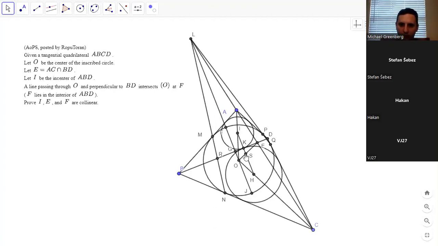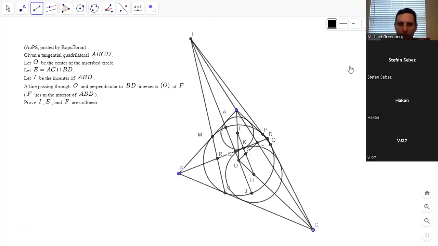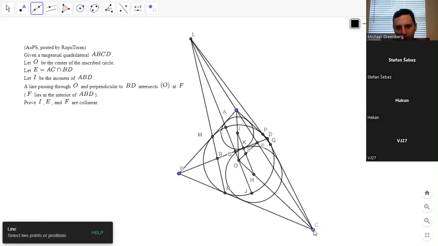So F goes to L, I goes to A, E stays at E. I wonder if OC and EF intersect at some point.